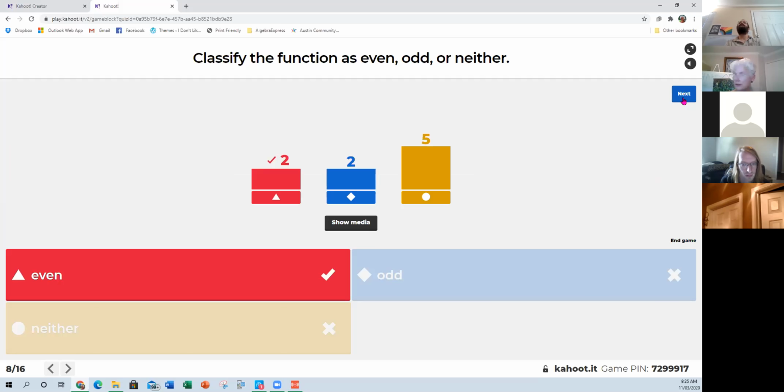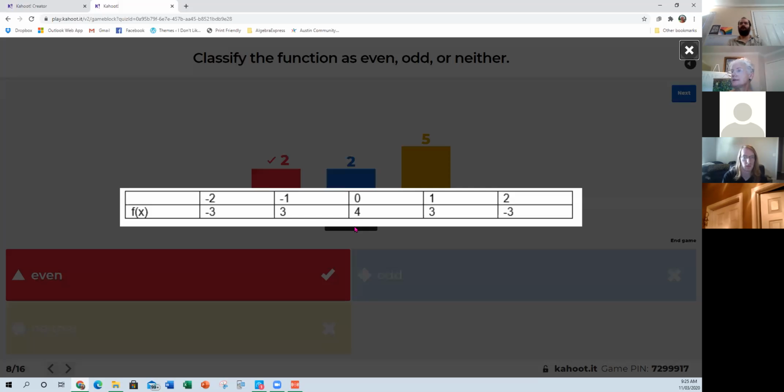Okay, so let's look at this. First of all, I just want you to notice something here. -2 is paired with -3. +2 is also paired with -3. -1 is paired with 3. +1 is also paired with 3. 0 can actually be paired with anything if it's an even function, which this is.